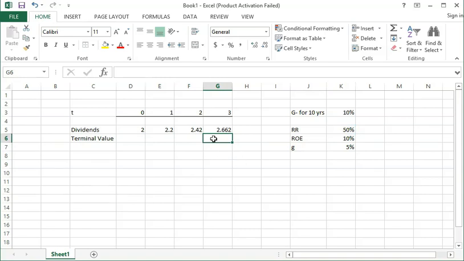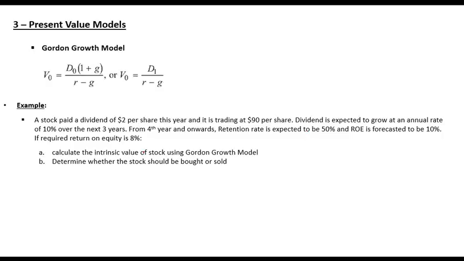Now I will calculate the terminal value here. The formula would be this dividend multiplied by 1 plus growth rate, which is 5%. Beyond this 3, the growth rate will remain 5%. Divided by R minus G. For that I need R as well, so I will copy R from here.